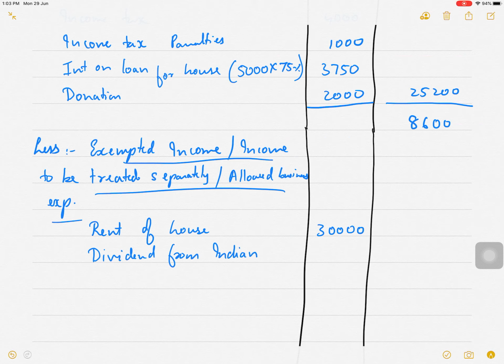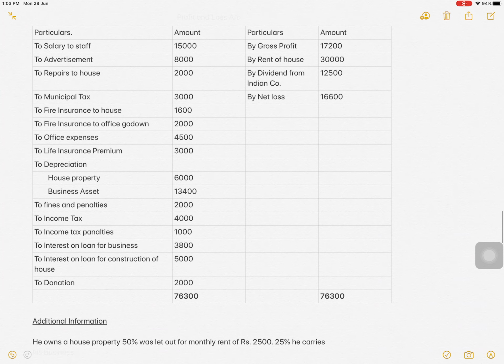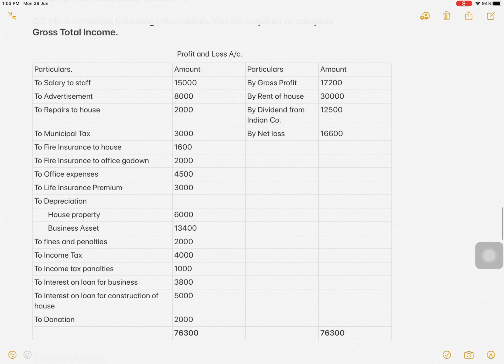And dividend from Indian company. Dividend from Indian company is exempt. So 12,500.